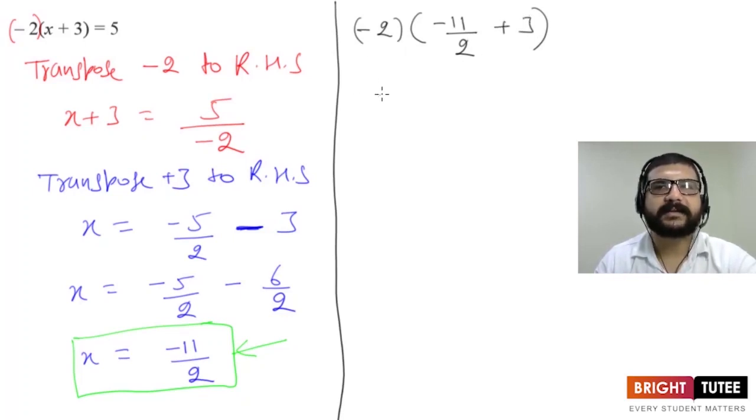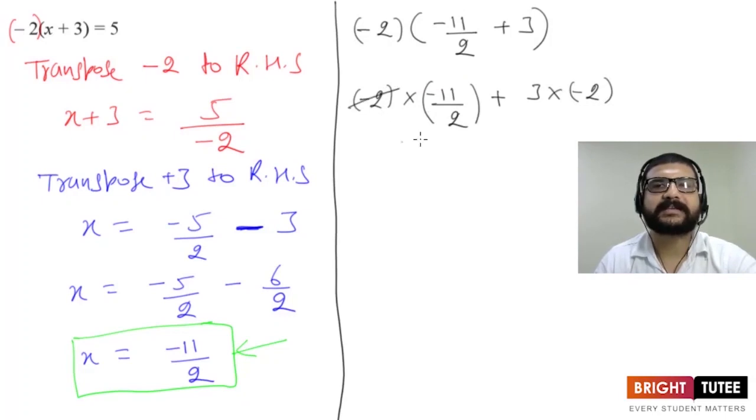So we will get minus 2 into minus 11 upon 2 plus 3 into minus 2. Now by simplifying this, 2 and 2 will be cancelled out, minus into minus will become plus. So we have 11 plus 3 into minus 2, this is minus 6. So we got 11 minus 6.